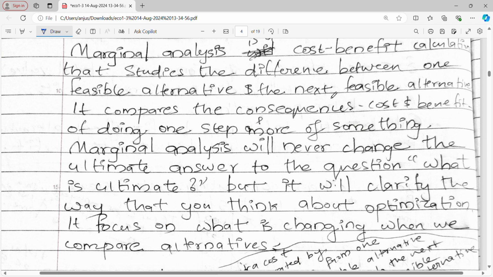Marginal analysis will never change the ultimate answer to the question, what is optimal? The answer that we get from both these techniques of optimization will be the same. But marginal analysis will clarify the way that you think about optimization, because it focuses on what is changing when we compare alternatives.